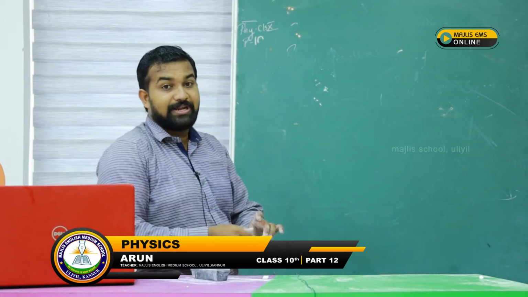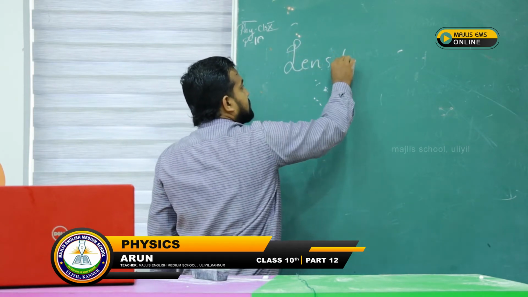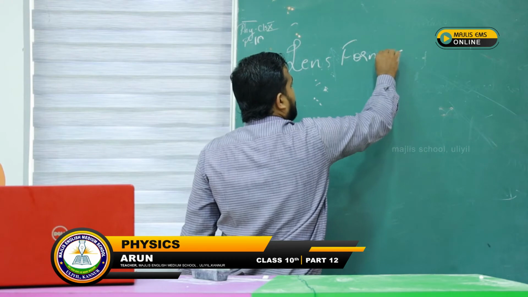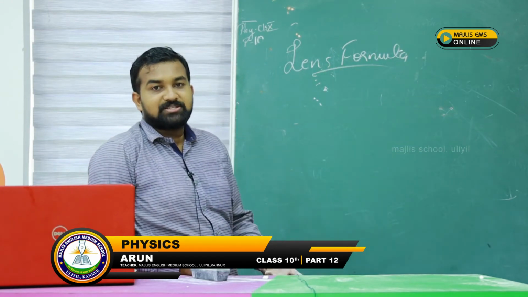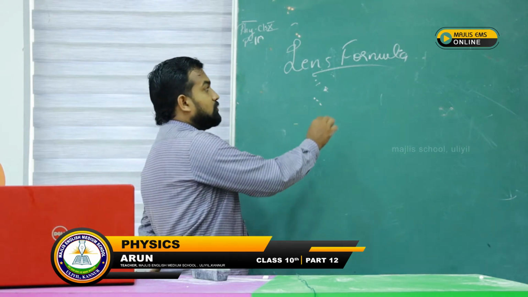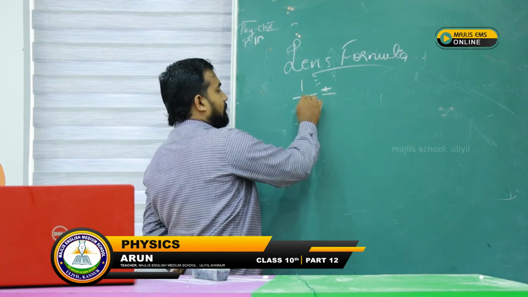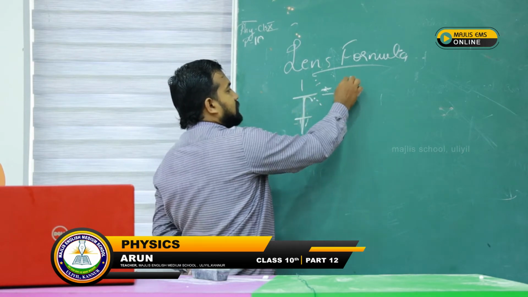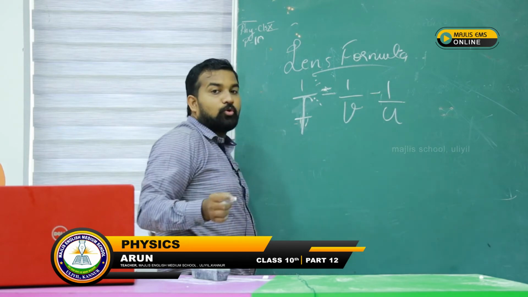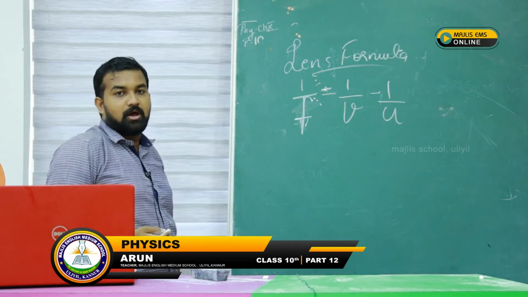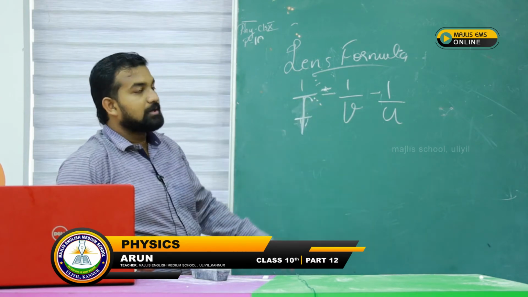Now we have to study the lens formula. As we studied the mirror formula, for our calculations we have to discuss the lens formula also. So the lens formula: 1 by f, 1 by focal length, is equal to 1 by v minus 1 by u. U and v are the object distance and image distance.